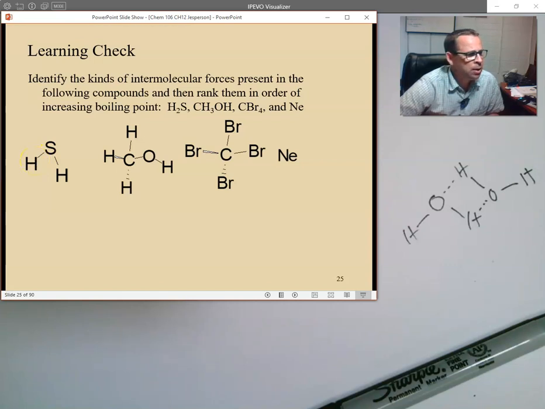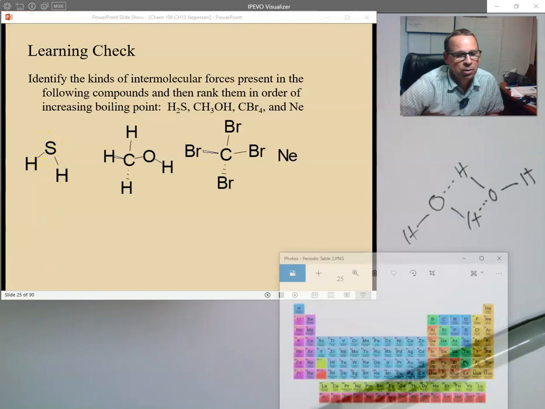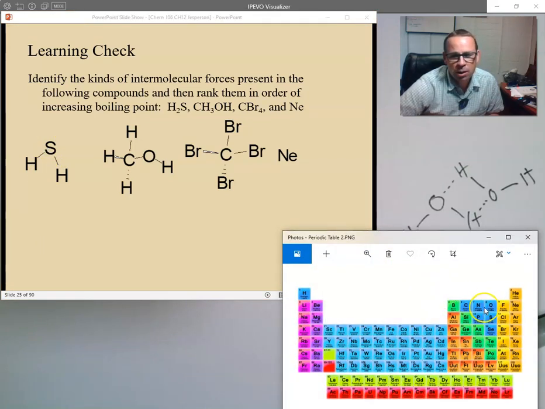Did you not include that one or what? It doesn't have hydrogen bonding because it's not nitrogen, oxygen, or fluorine. Okay. You get the augmented dipole-dipole when that hydrogen is losing its electron density to either a nitrogen, oxygen, or fluorine, because those are the electron hogs.